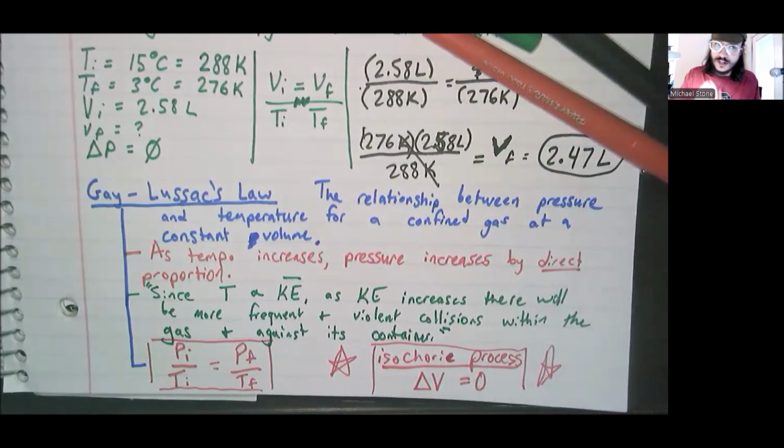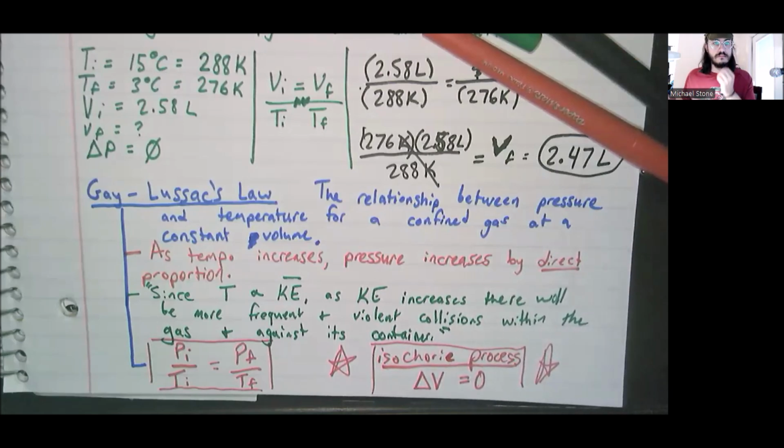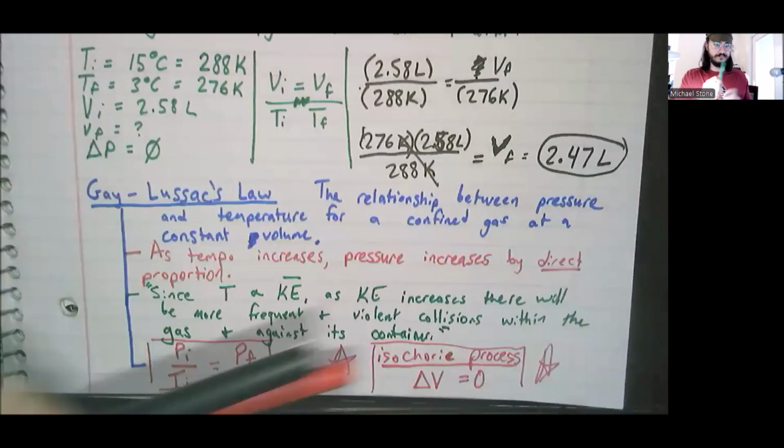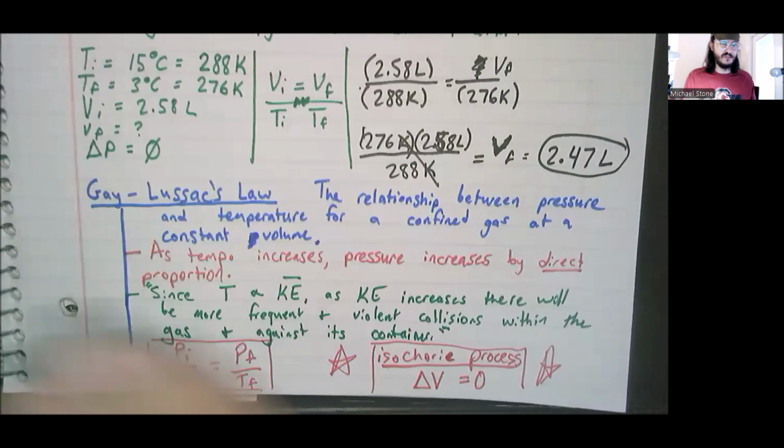You could keep the pressure the same. I guess that's it. Those are the two things that you keep the same and have this change. But if you're going to have the volume go up, but you don't let the temperature or pressure change, how can you accomplish that? Easy. Just add more gas.